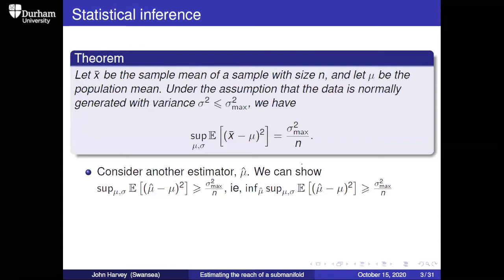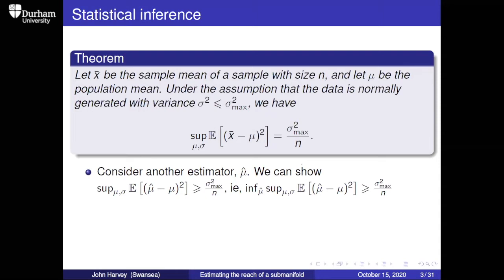And then you can ask yourself, could I do anything better than the sample mean? Suppose I had another estimator for the mean, which is mu hat. Well, it's possible to show that for mu hat, if I look at all the possible distributions, all means mu, all variances sigma squared, the expected squared error is always going to be greater than or equal to sigma max squared over n.